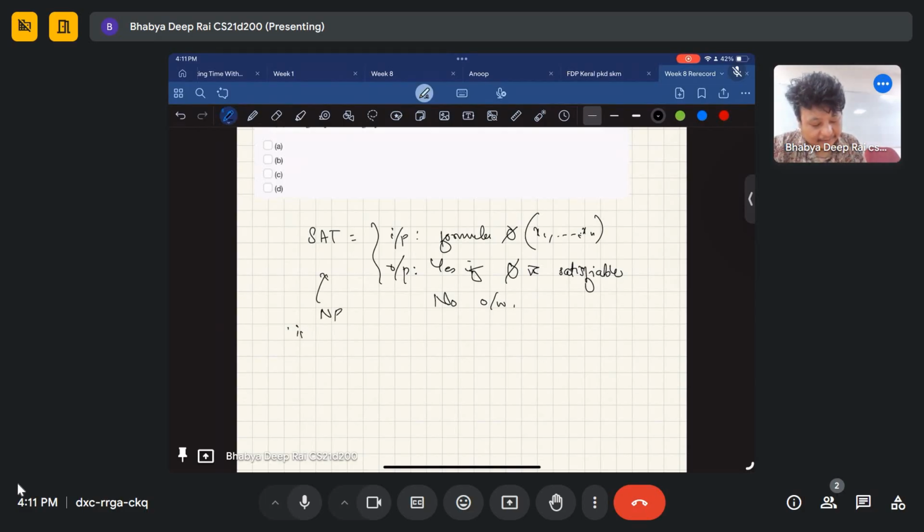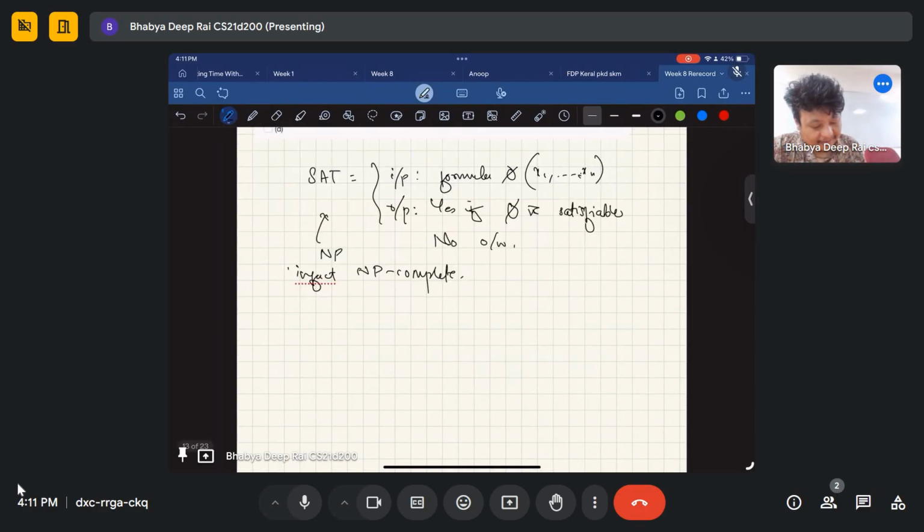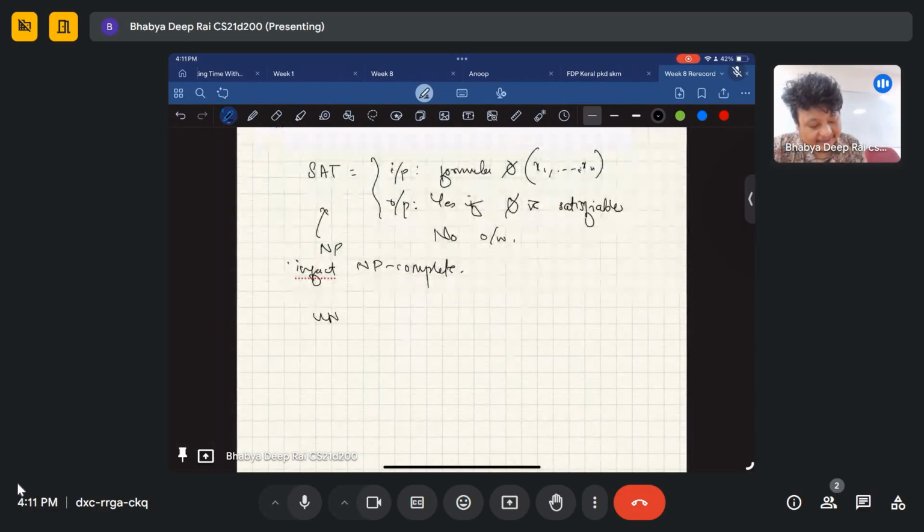In fact, NP complete. Now this is an important thing. Why? Because now the next part, Boolean unsatisfiability, unsat, is just the complement of sat.